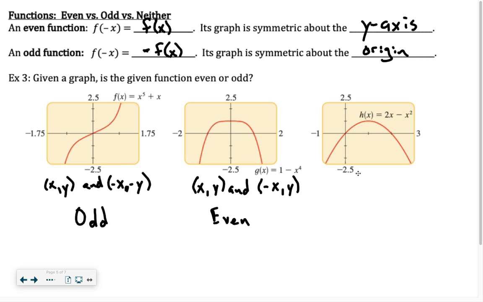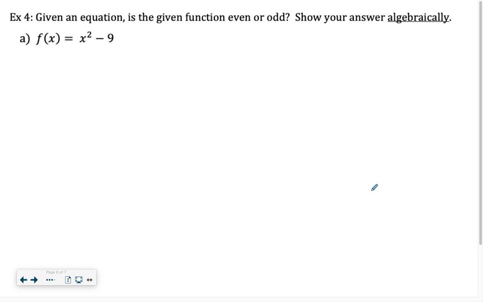This third example is actually neither. It is not symmetric across the y-axis or through the origin. So in this case, we would just say neither.